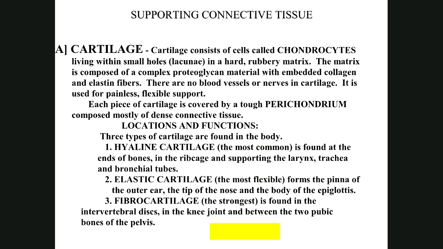The larynx of your throat, your voice box, is actually made of cartilage. Your trachea has to be held wide open because you have to breathe down into your lungs all the time, except when it's covered by the epiglottis when you swallow. And that's held open by rings of cartilage.